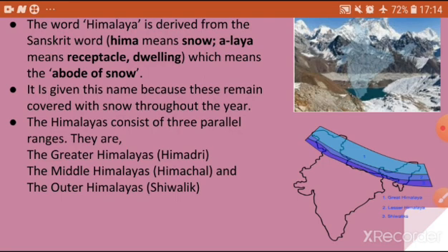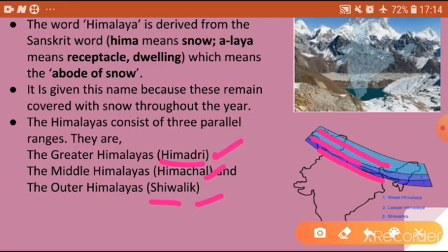The Himalayas consist of 3 parallel ranges. They are the Greater Himalayas, the Middle Himalayas, the Outer Himalayas. The Greater Himalayas are also called Himadri, the Middle Himalayas are called Himachal, and the Outer Himalayas are also called Shivalik.